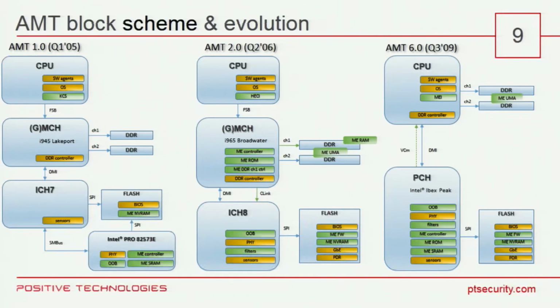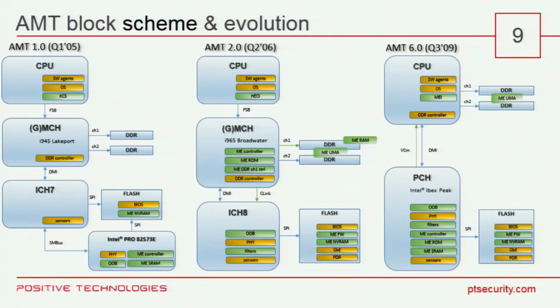That chip was connecting via the system management bus with the south bridge, and this embedded controller was responsible for AMT functionality and did not have access to system memory. The SM bus was reading the sensors from the south bridge, and it had dedicated access to SPI flash, where it kept the configuration settings in non-volatile memory.